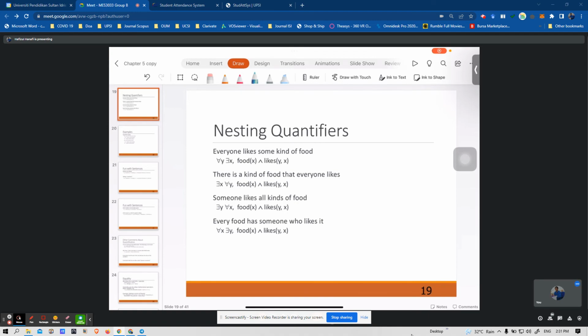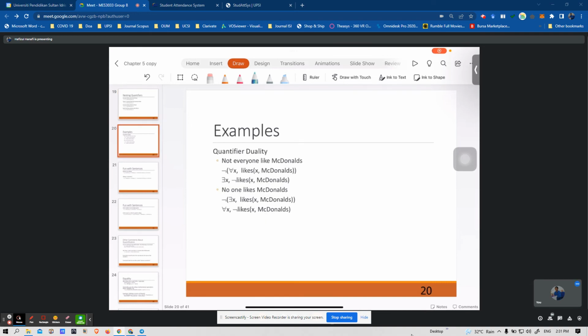You can combine for all y, for some x, x is a food, and y likes x. This one is quantifier duality. Not everyone likes McDonald's. You put the negation. The first one is also correct, and the second one is also correct.